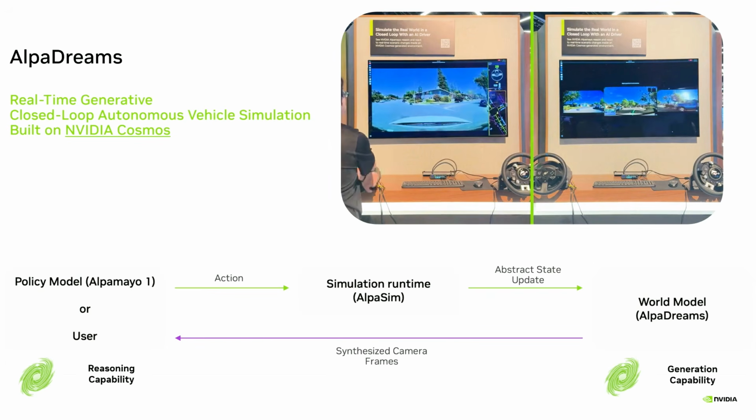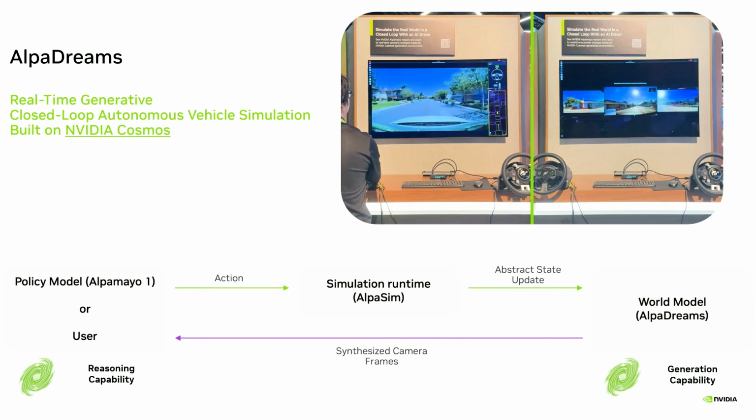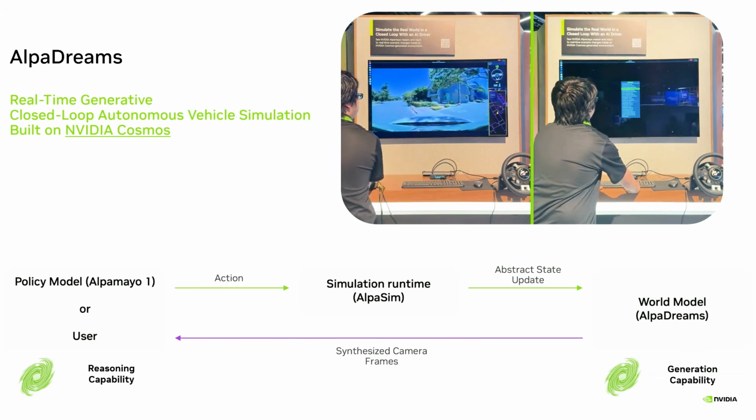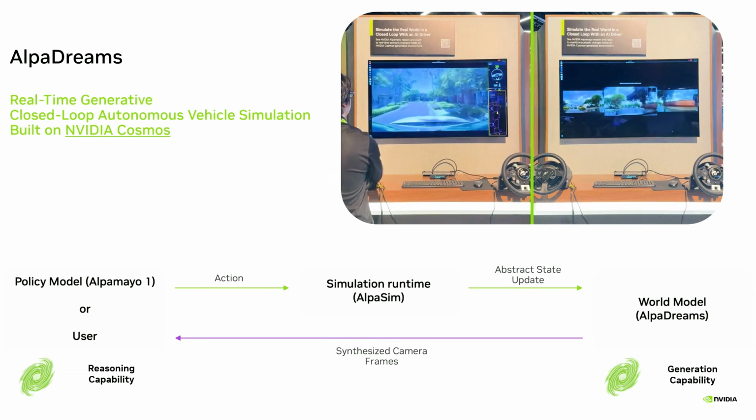Those are converted to real video input through Cosmos Transfer. That real video input is then observed by the driving policy to make the next action. Alpha Mayo 1 is built on Cosmos reasoning capability, and Alpha Dream is built on Cosmos generation capability.